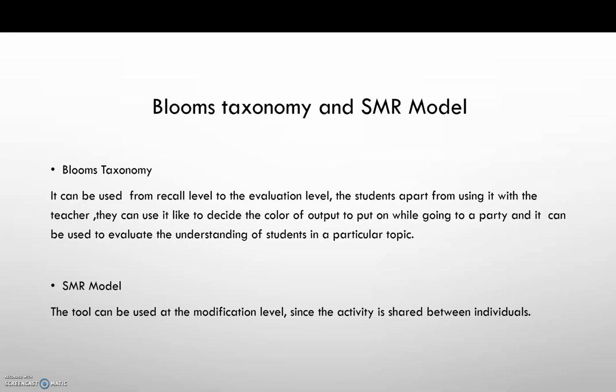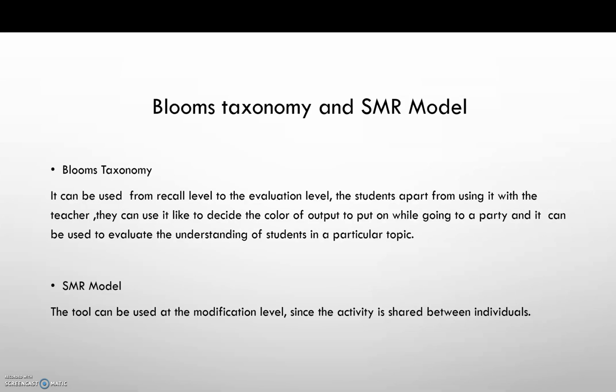We also can have even students themselves using this tool. For example, if the students have a party and they want to decide which kind or color of clothes they should put on, then they can decide on the colors by engaging in a poll using this tool.